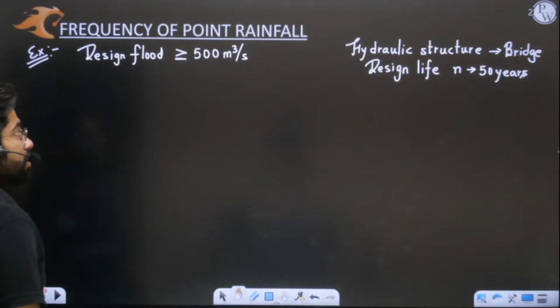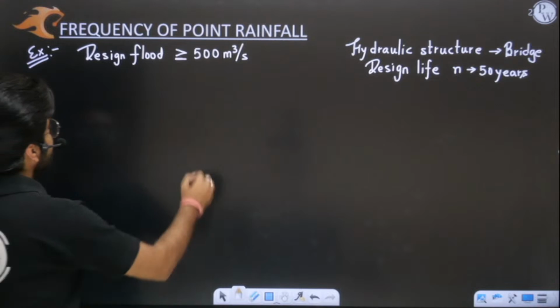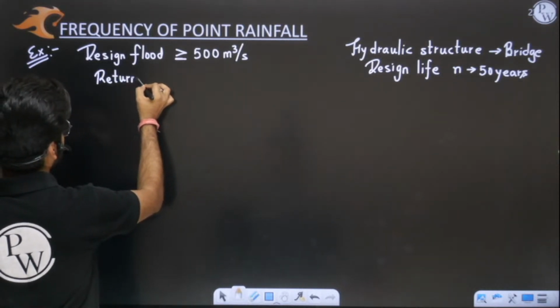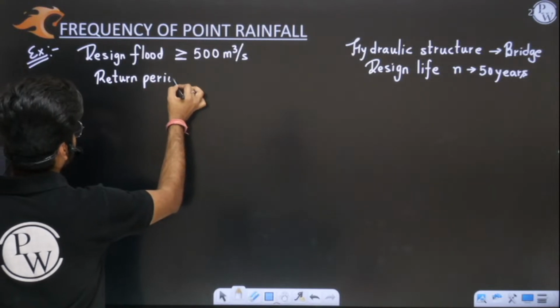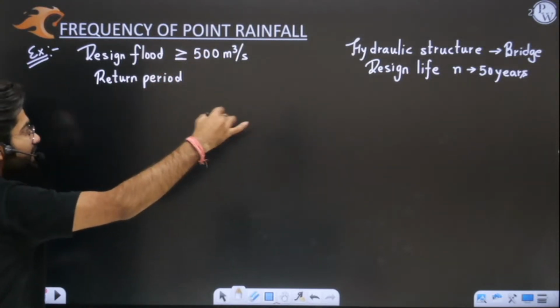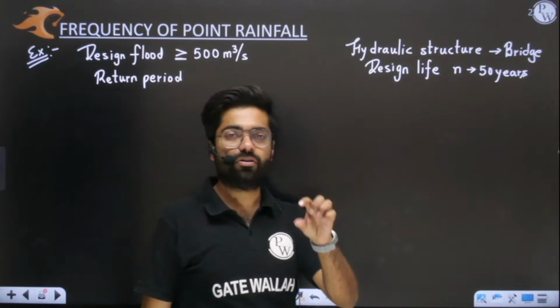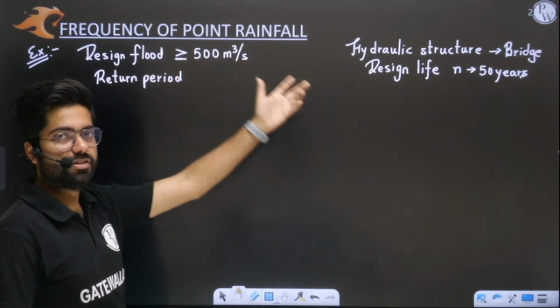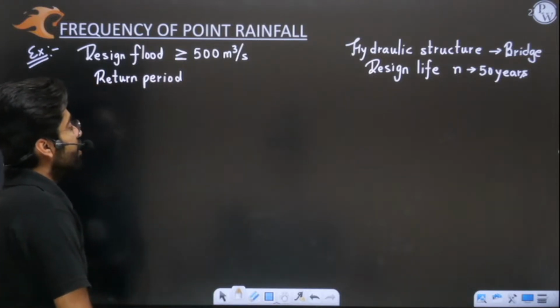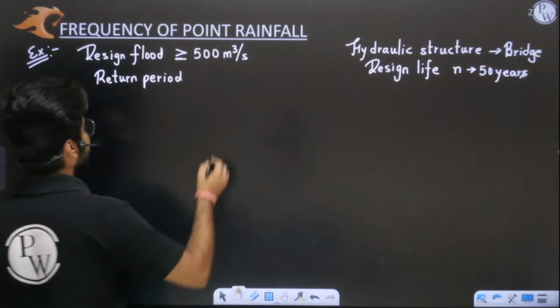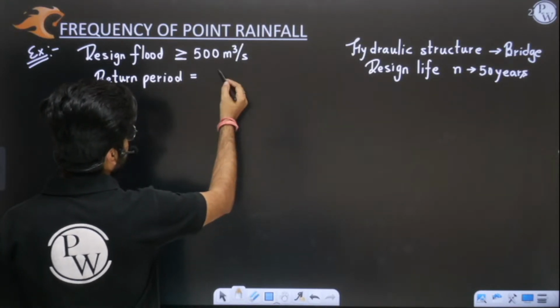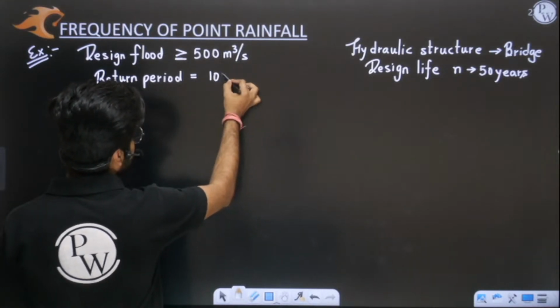Now this design flood, let us say the return period of such kind of flood happening in the stream, return period of such kind of flow, 500 meter cube per second. It's a high flow. Such kind of flood occurring in the river, let us assume it is 100 years.